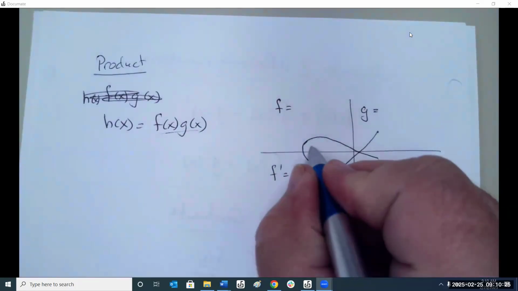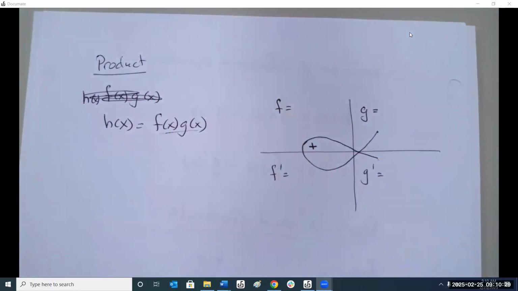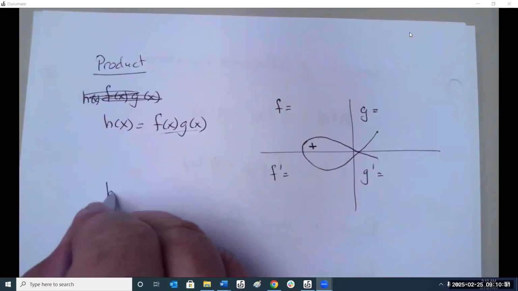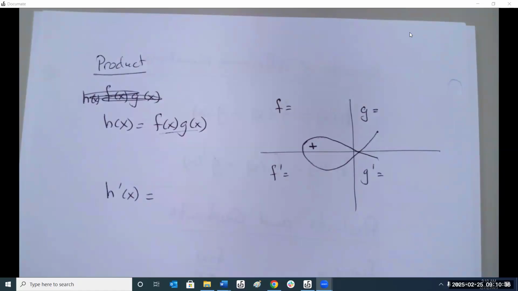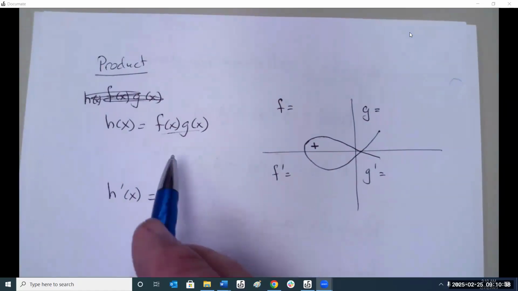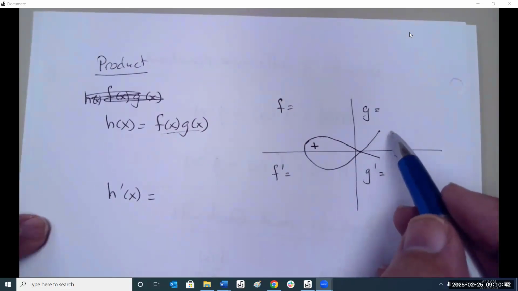Because it's multiplication, we add. Because when you multiply two things, they get bigger. So it's plus.